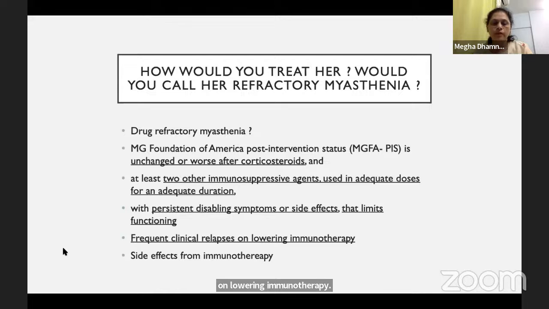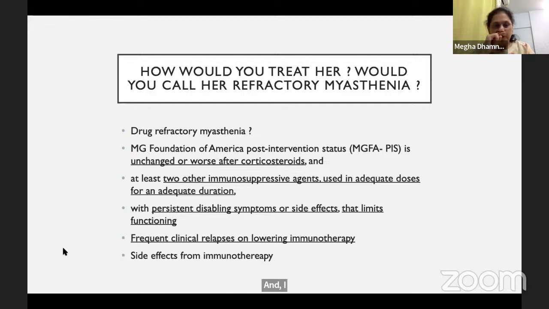Definitely this patient, we go back to her, she had disabling symptoms. She had proximal weakness. She was MGFA grade 3. And we could not lower down her corticosteroids. So I went back on the dose of corticosteroids. She was only on 5 milligram of Omnacortil. I could not lower her steroid dose, and I offered her rituximab.